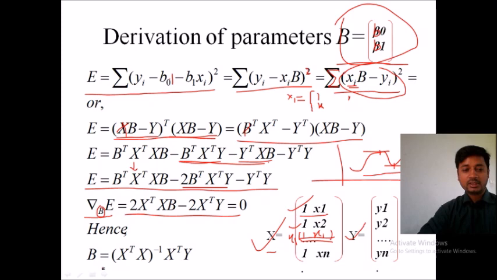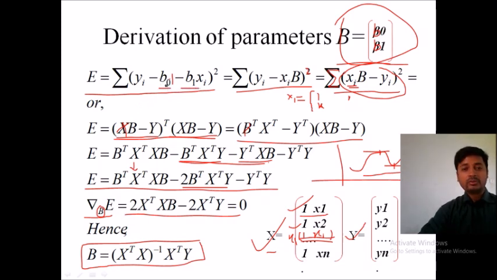Now from this expression we get b equal to x transpose x inverse multiplied by x transpose y. This is our expression for the parameters in terms of x and y, because x and y are given, while b, the parameters of the line, that is b naught and b1, is not known.